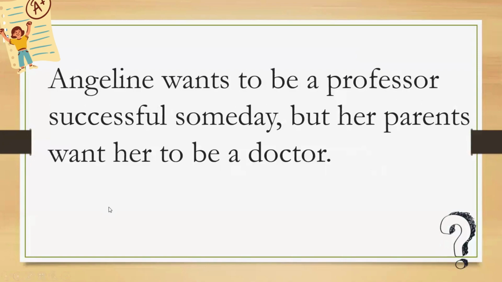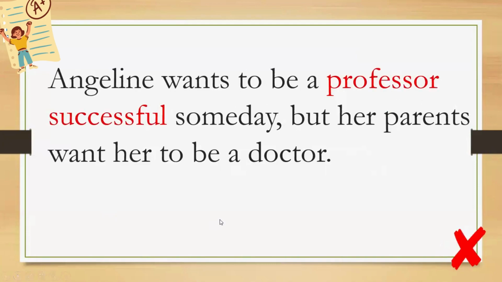Another one. Angeline wants to be a professor successful someday, but her parents want her to be a doctor. My question is, what word makes the sentence wrong? Or is this correct? Let's check.